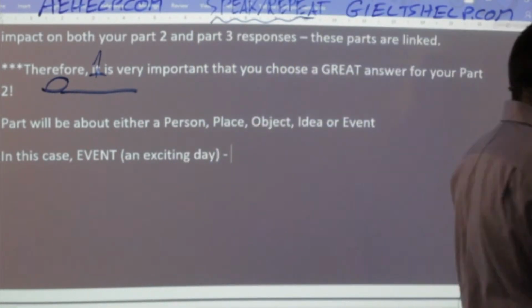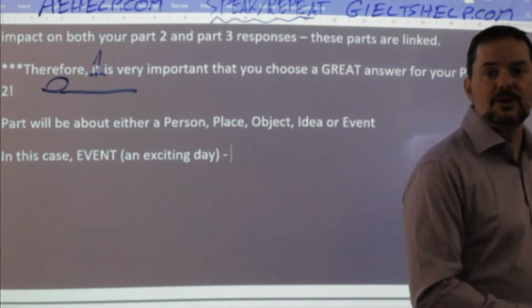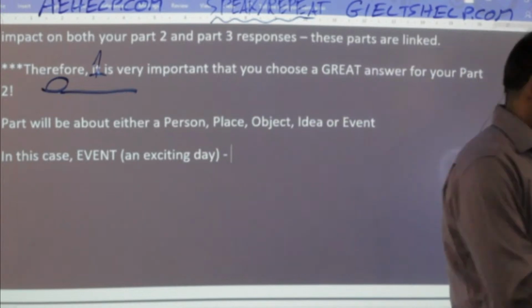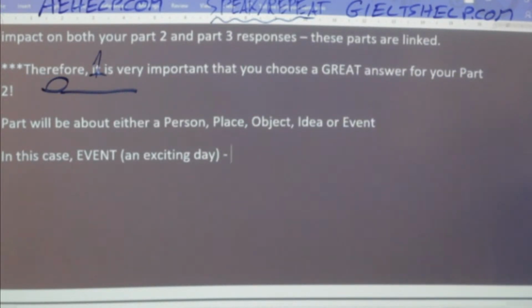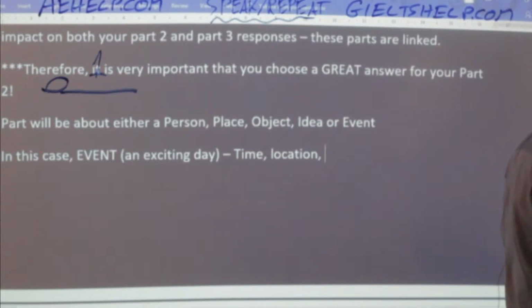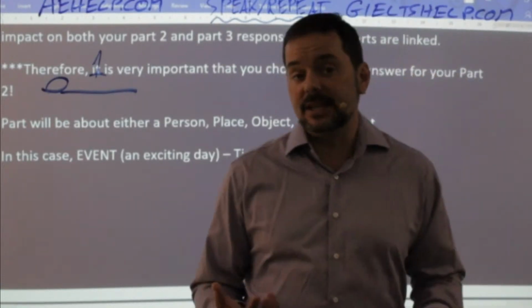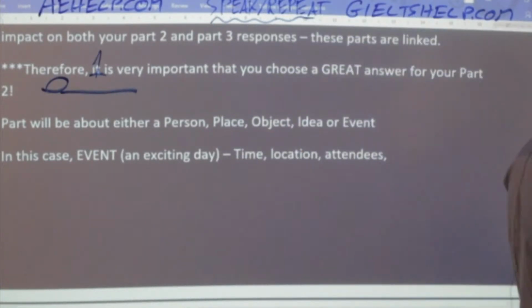Yeah, so very nice. We've got Preeti answering, we've got Jainil, very good. So first you want to talk about time, so when did it happen? Then you want to talk about location, where did it happen? You want to talk about the attendees. Who was there? Who were the people? And then the activities, what were those people doing?